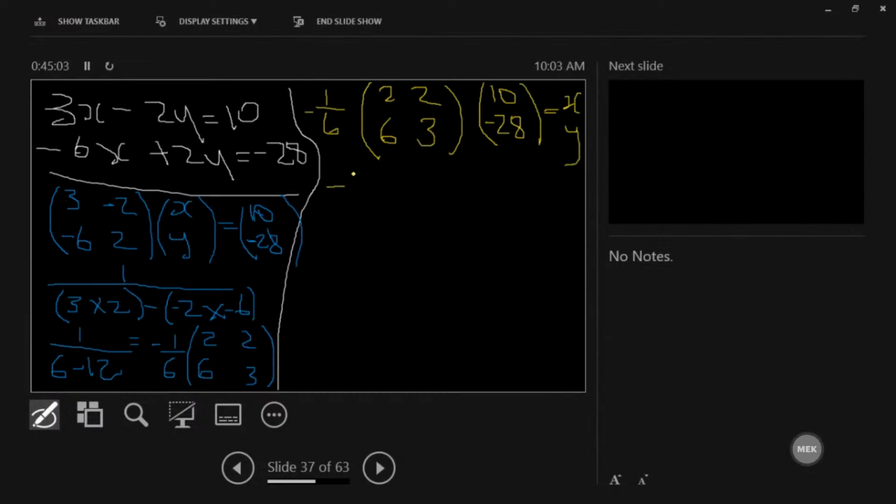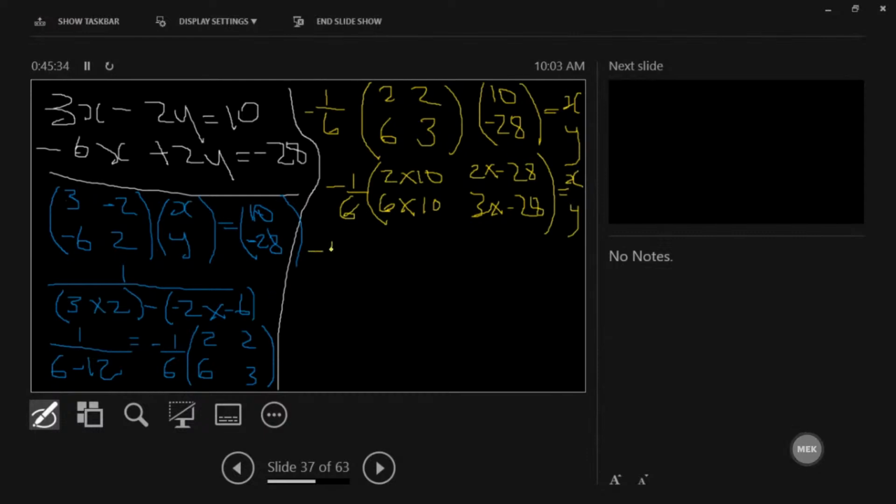So retaining the negative 1/6, we'll have 2 times 10, 2 times negative 28, 6 times 10, 3 times negative 28, and that's x, y.